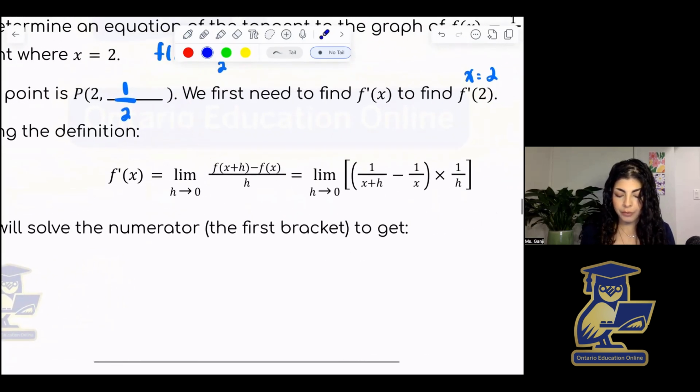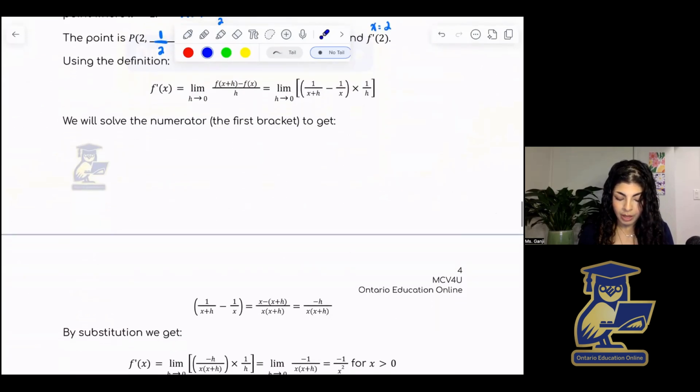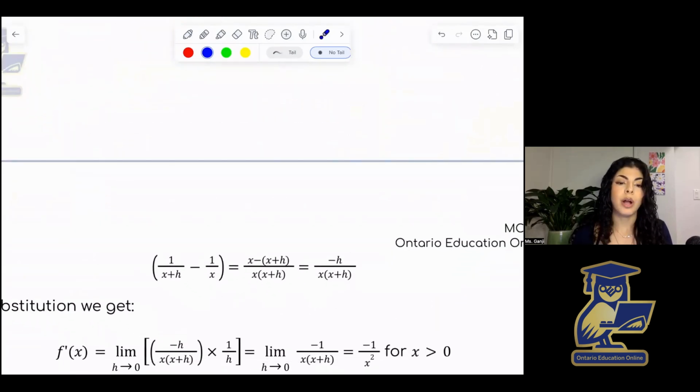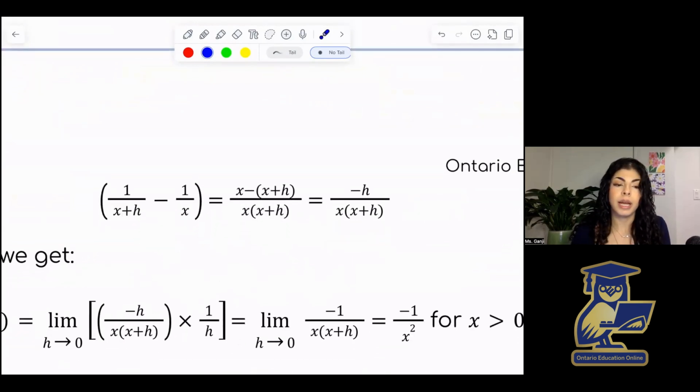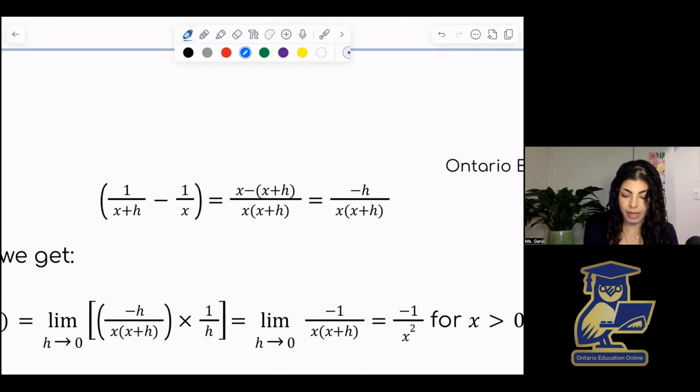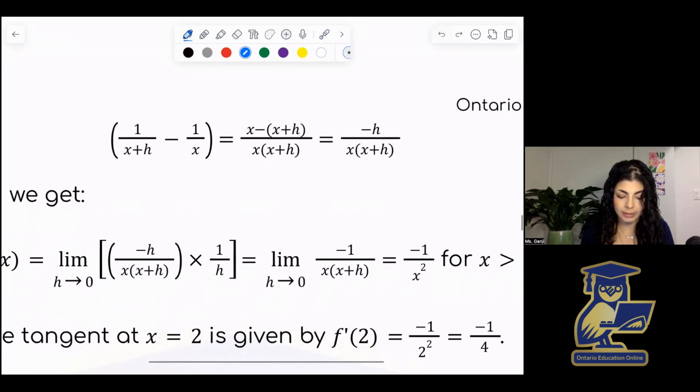So we're going to solve the first bracket by finding our common denominator. And again, notice I'm just leaving my denominator because you don't need to expand again. Usually in this process, we find the h that we need to cancel out with, so you don't need to add extra work for yourself. Just leave it as is.